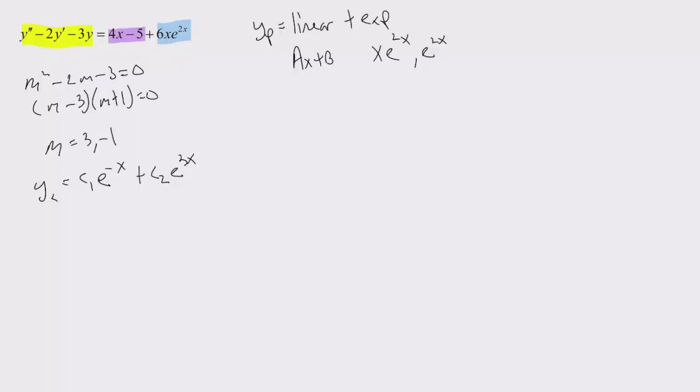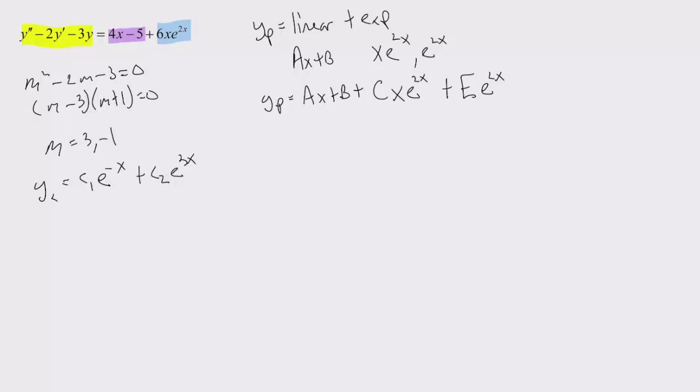So writing out that thinking, the particular solution is going to look like some general format of ax plus b plus some c x e to the 2x plus some, I'm going to go with e, why not, e to the 2x on that.